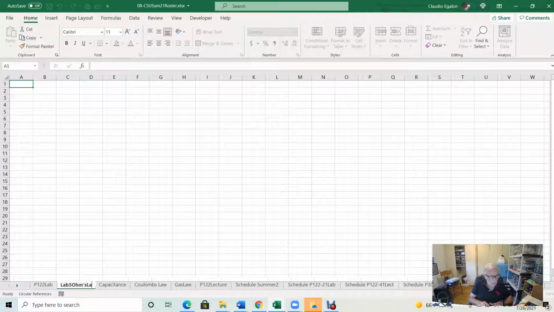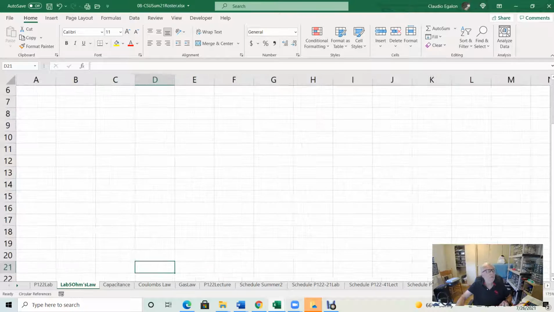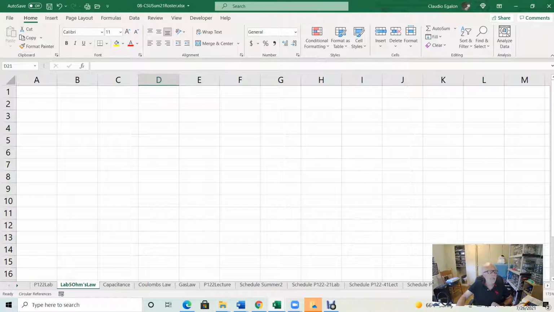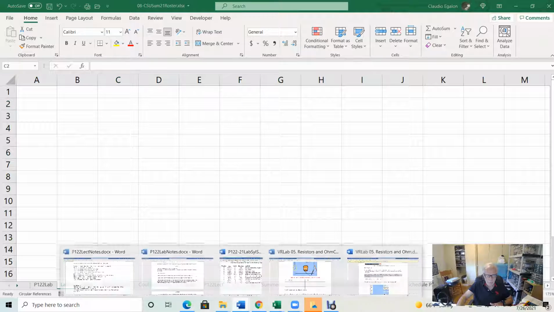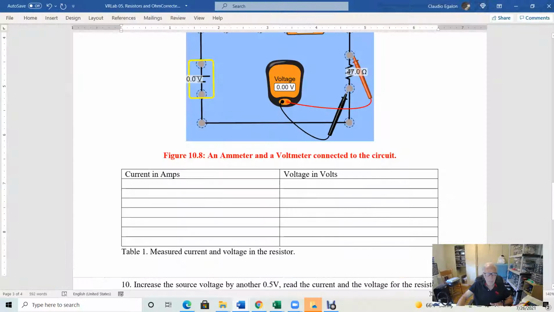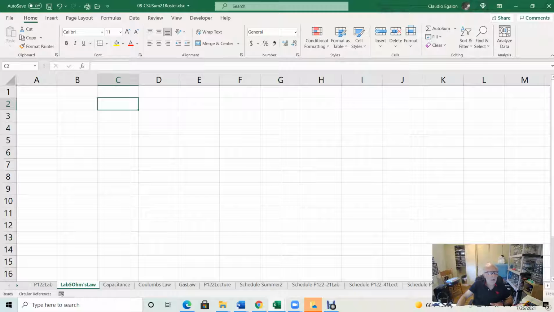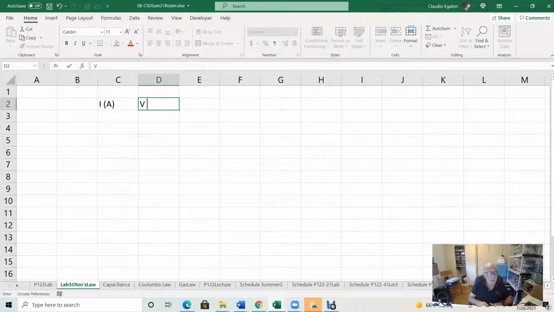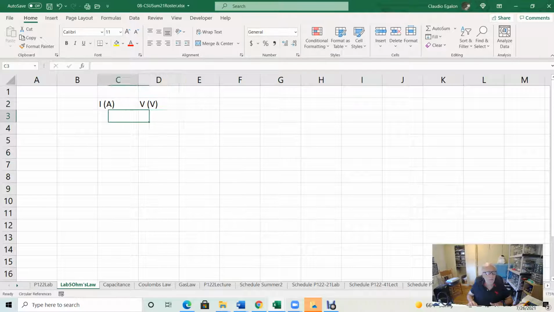I'm going to zoom in here for you. What you're going to do, you're going to put current in the left side. Current is usually represented by the letter capital A, and you put the unit amps. And the volts, represented by the letter V, and the unit V as well, voltage.